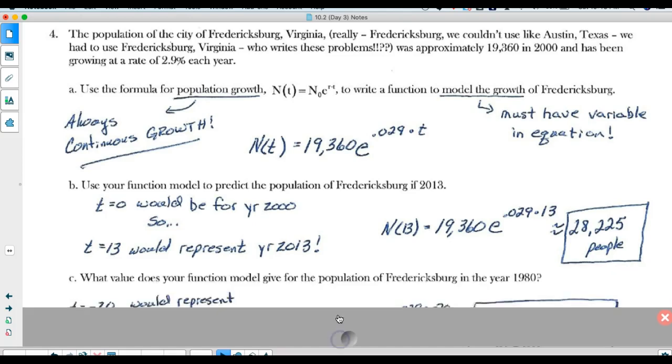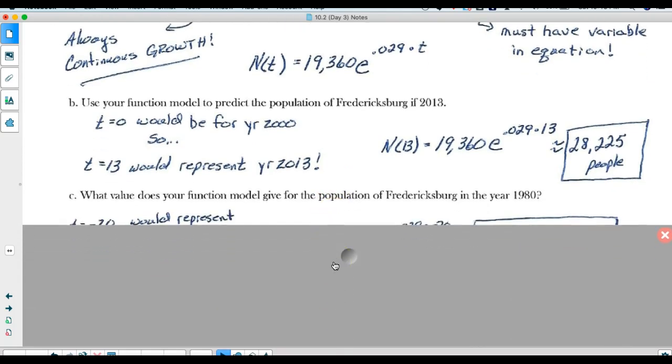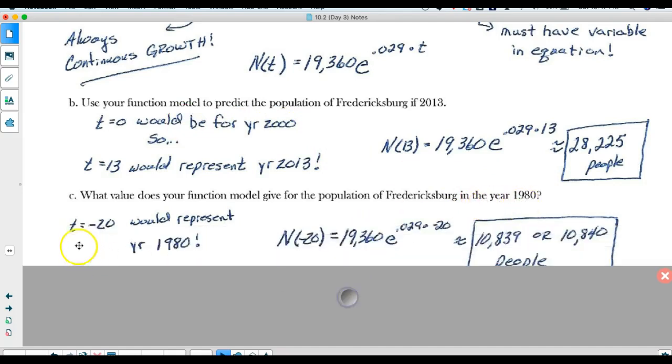What value does your function model give for the population of Fredericksburg in the year 1980? Well, t equals 0 is the year 2000. If I'm going backwards to 1980, I'd have to take away 20, so t would equal negative 20.